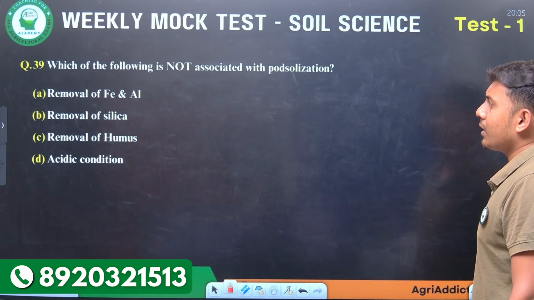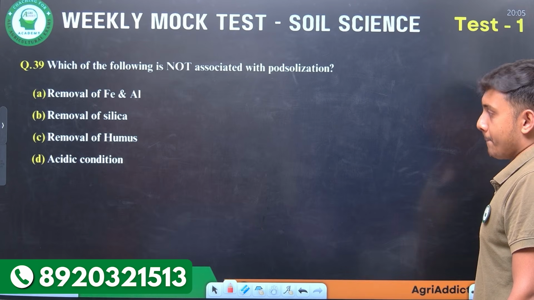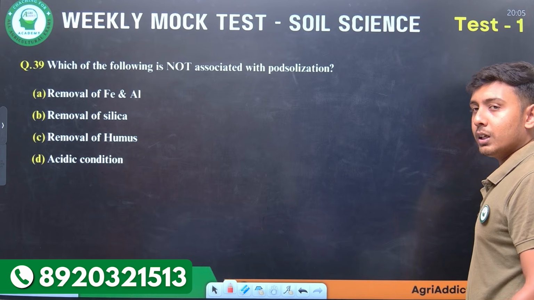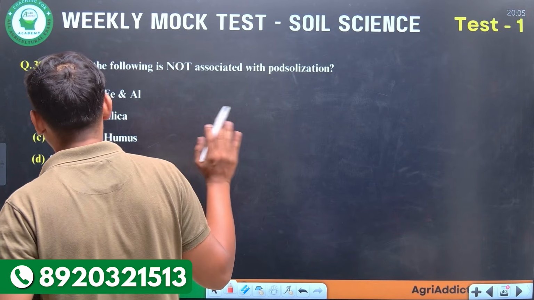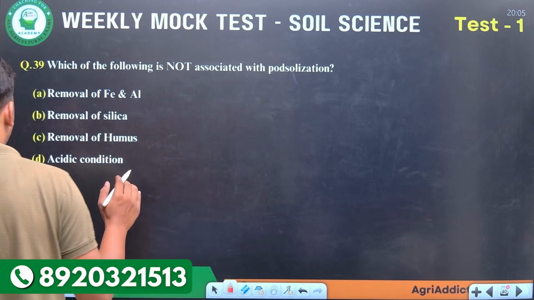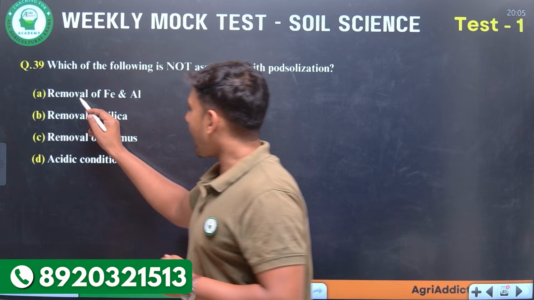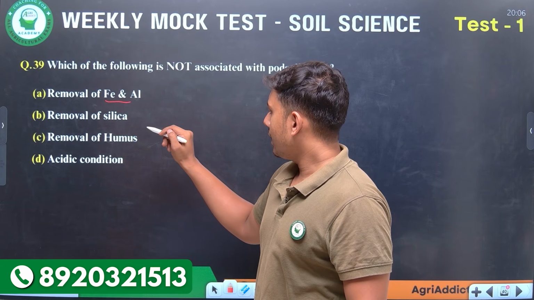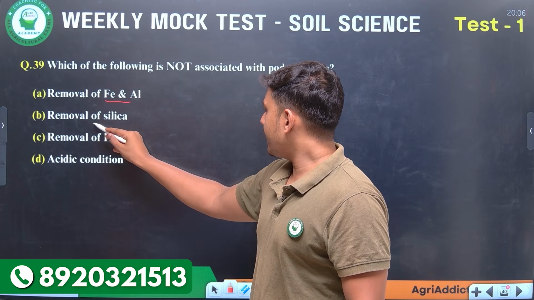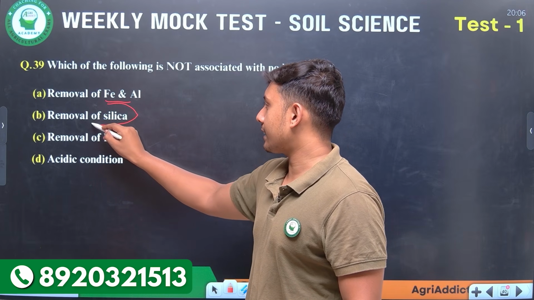Which of the following is not associated with podzolization? The podzolization process we have already discussed earlier, that this is an acid hydrolysis process, right? So removal of iron and iron aluminum oxides was there. Then removal of silica was not there, as it was acid hydrolysis.